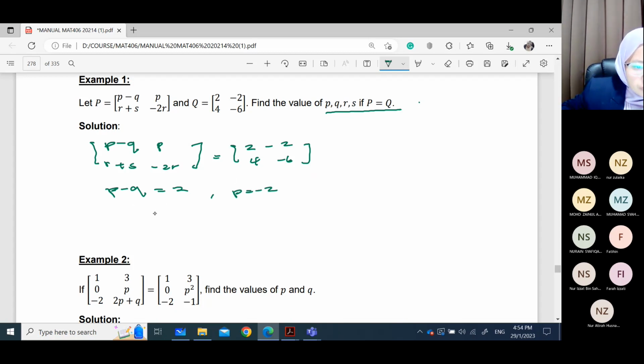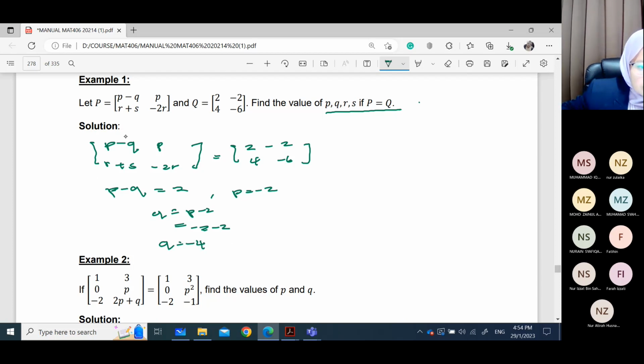So Q is equivalent with P minus 2. So P is negative 2. So negative 2 minus 2. Then we have negative 4. Negative 2 minus 2. So Q is negative 4.